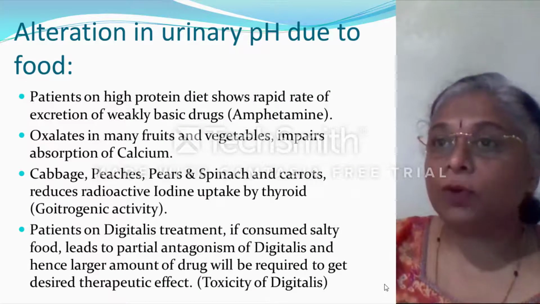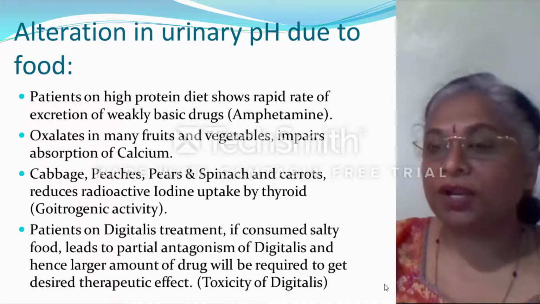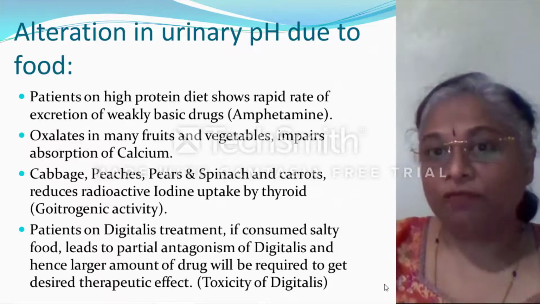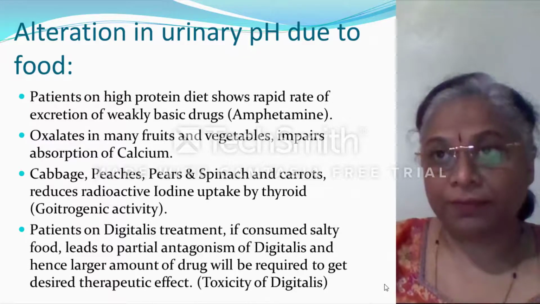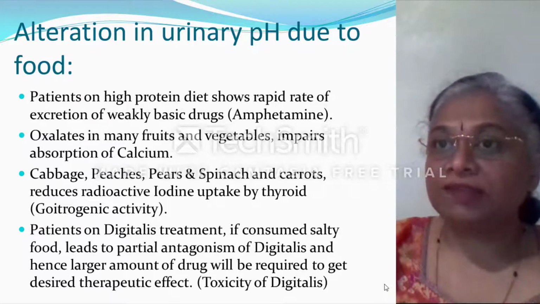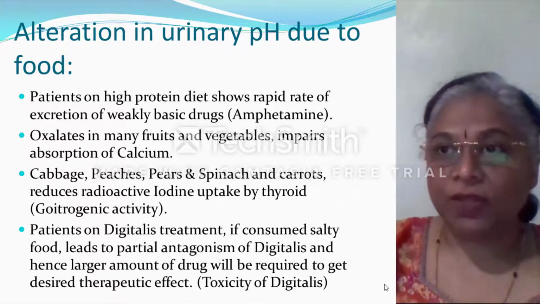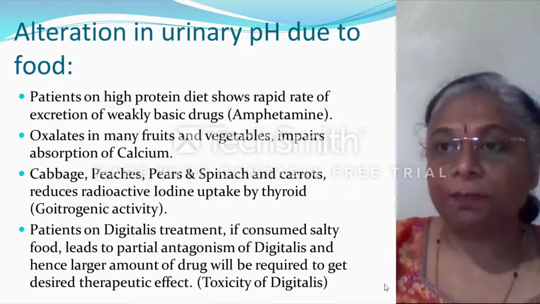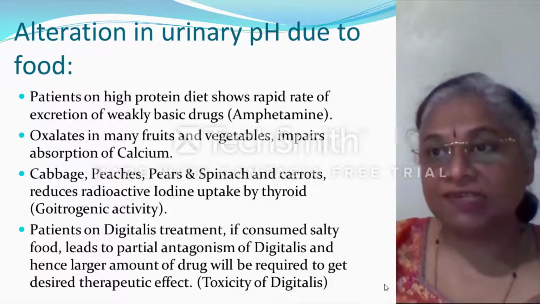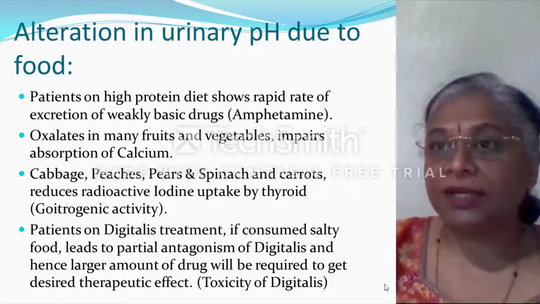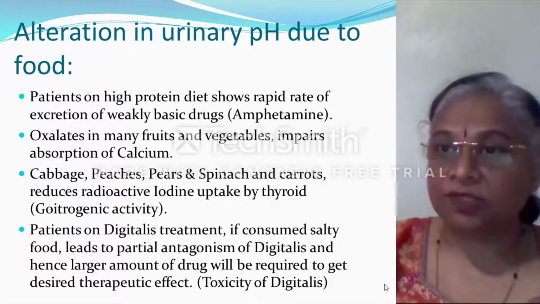Patients on a high protein diet usually show a rapid rate of excretion of weakly basic drugs like amphetamine. The protein in the body finally gets converted into end products, amino acids, which are weakly acidic in nature, and therefore they can shift the pH of the urine to the acidic side, which will accelerate the rate of excretion of basic drugs.